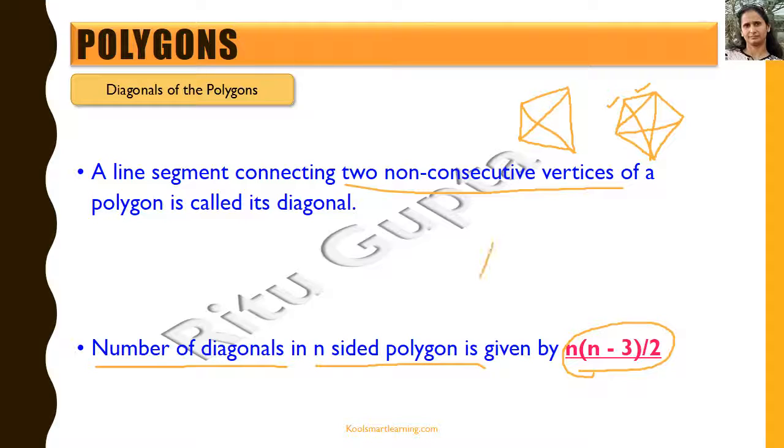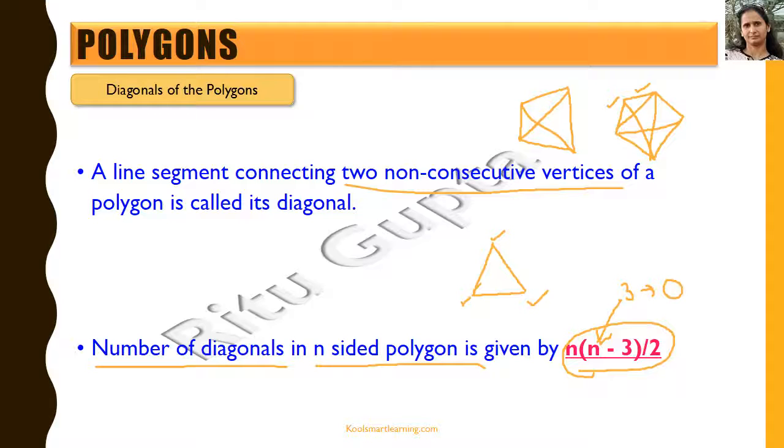Now say for example we talk about a triangle. A triangle is a 3-sided polygon, and we see that all the 3 vertices are consecutive to each other. So there is no diagonal possible, and if we place 3 in this formula also, we get the number of diagonals to be 0.